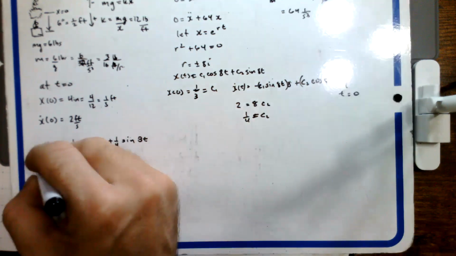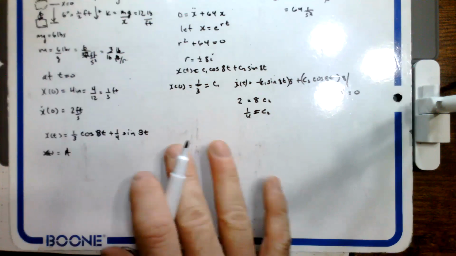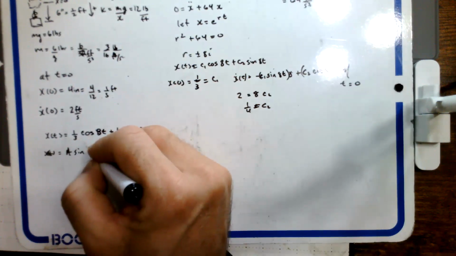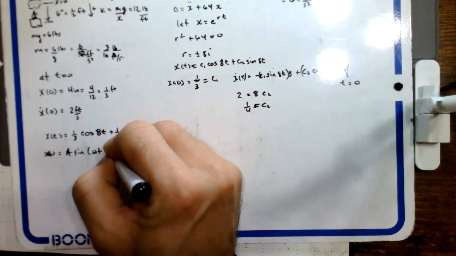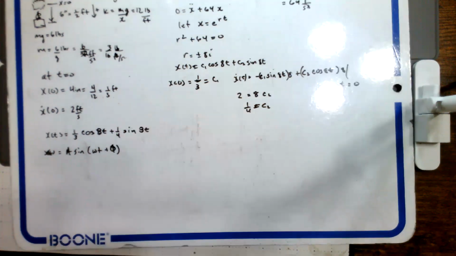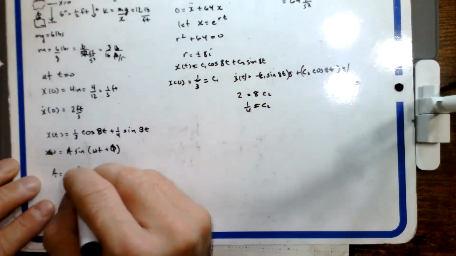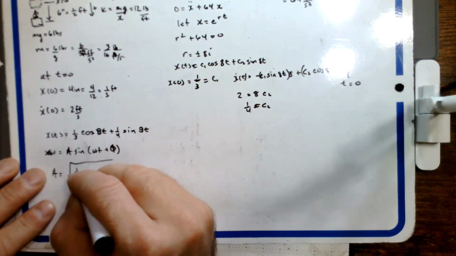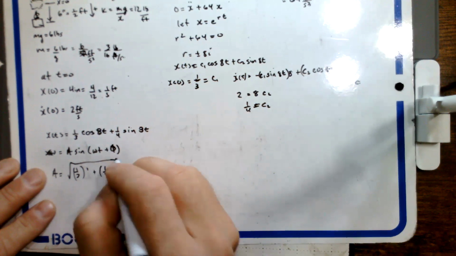That's of the form x of t equals A, for the amplitude, times sine of omega t plus a phase shift phi. So A is the square root of the sum of squares, so it's going to be the square root of 1/3 squared plus 1/4 squared.